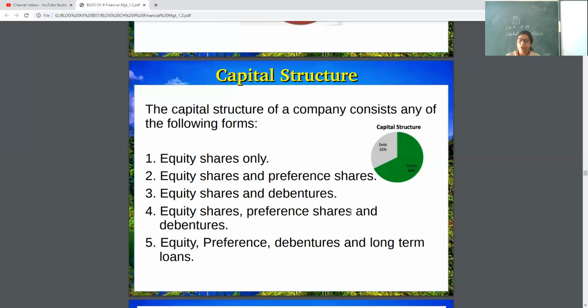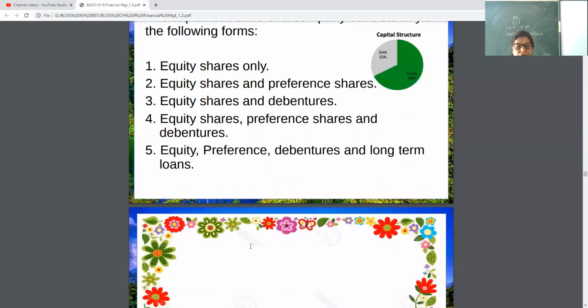Debt and equity. Equity, preference and debentures. Generally, it depends on the choice of the company. But a company now cannot issue preference shares, though they can issue debentures, because debentures consist of features of preference shares. Also, in class 11, we explained to you about that. We already discussed these sources of finance.